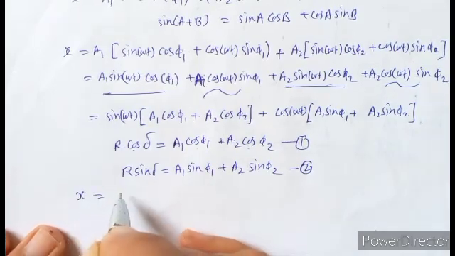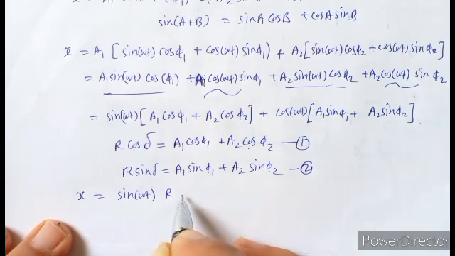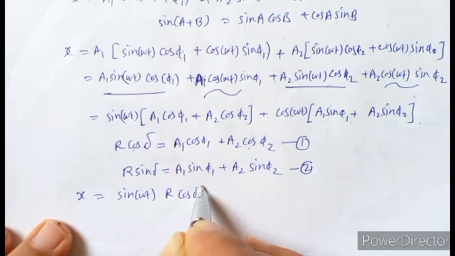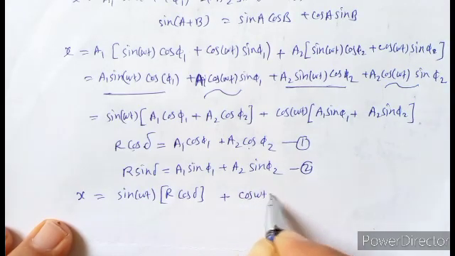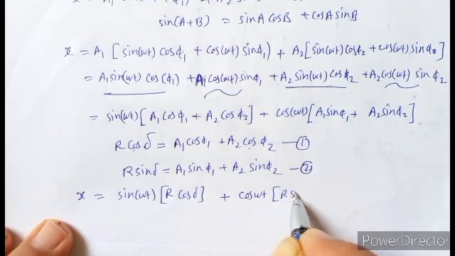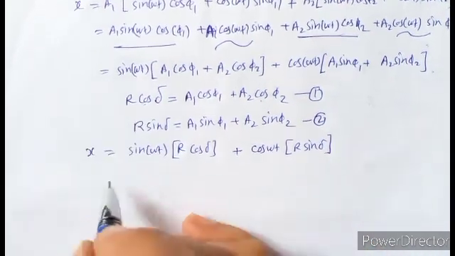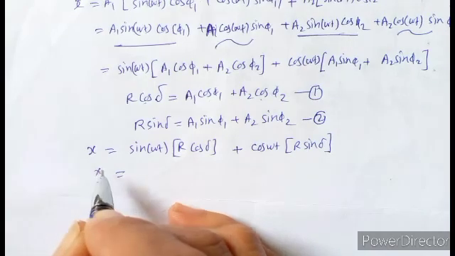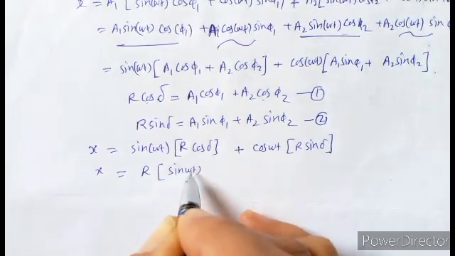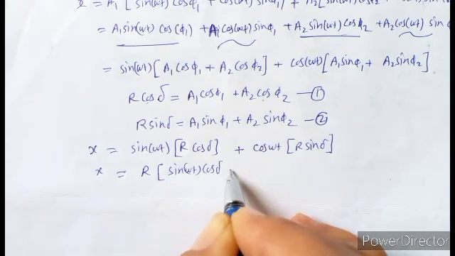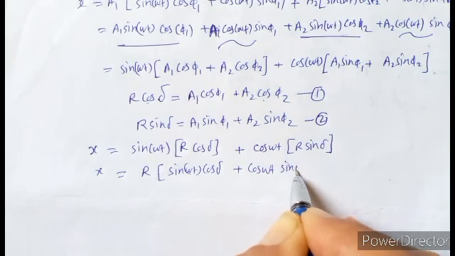So x is equal to sin omega t r cos delta plus cos omega t inside bracket r sin delta. Take r as common. So x is equal to r inside bracket sin omega t cos delta plus cos omega t sin delta.